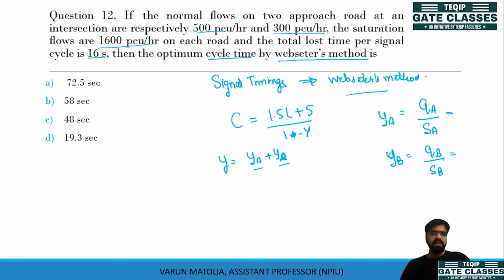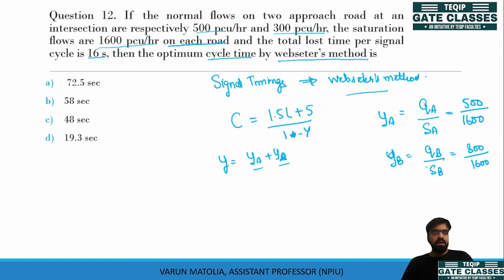Let us calculate YA and YB. We have QA as 500 PCU per hour, S as 1600, similarly QB 300, SB 1600, because it is given on each lane.